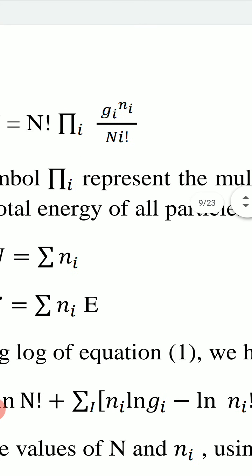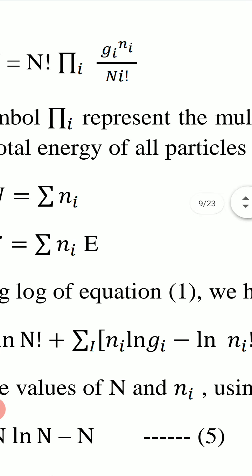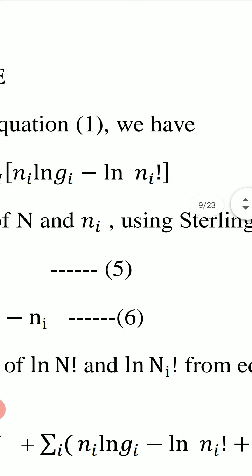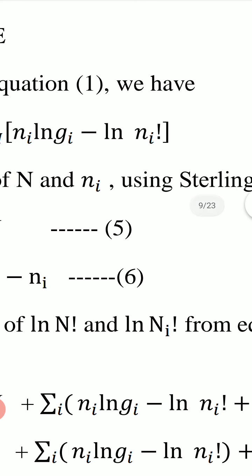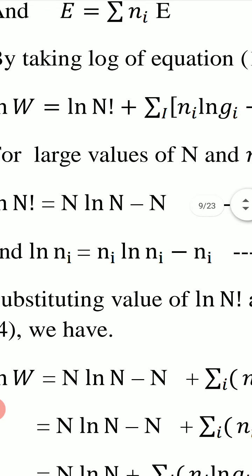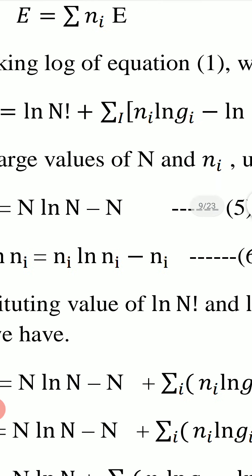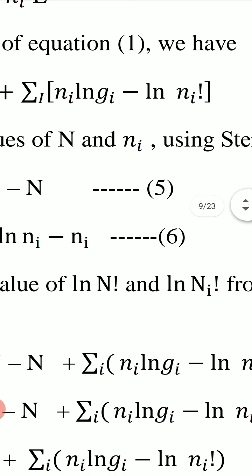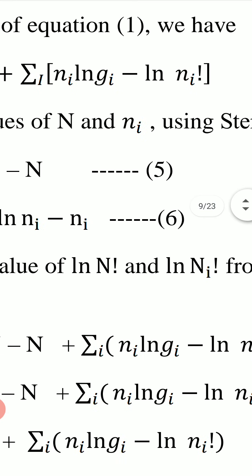And then log of gi to the power ni is ni log gi. And then in the denominator we have factorial ni. Then its log is given by minus log factorial ni. So log W will be equal to log factorial N plus summation I ni log gi minus log factorial ni.